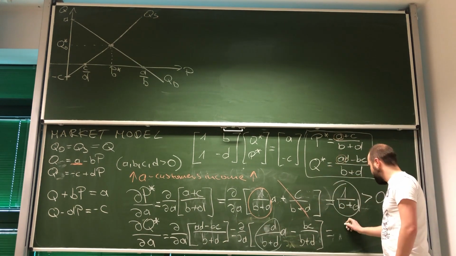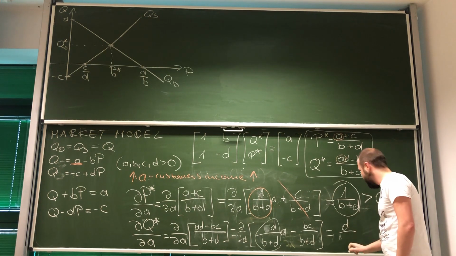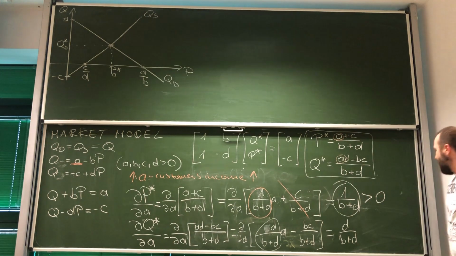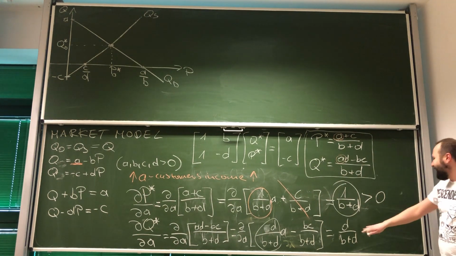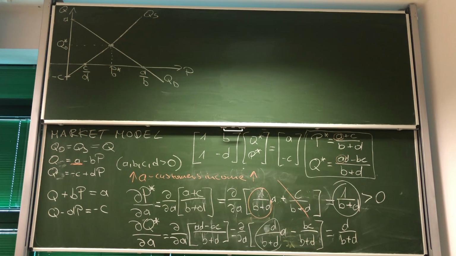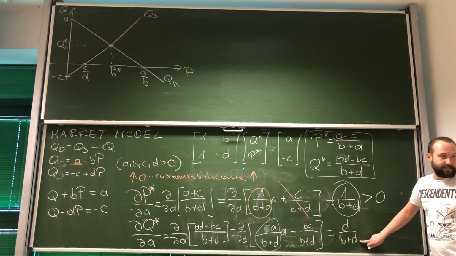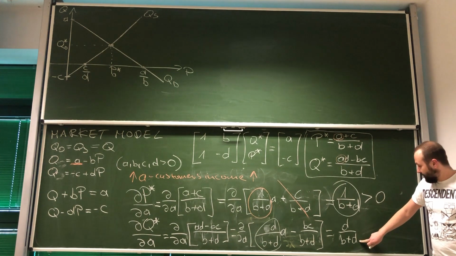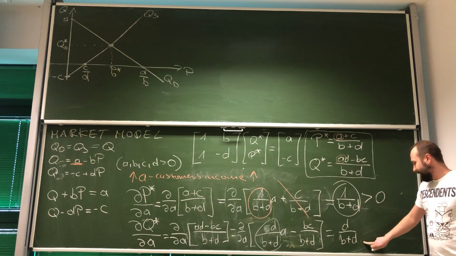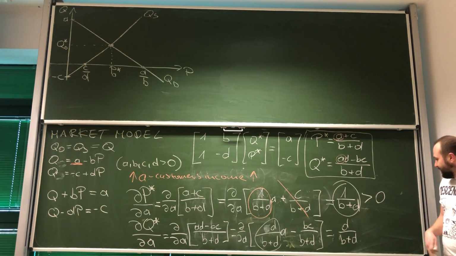So if I differentiate with respect to A, I'm getting d over b plus d. How much is it? Well, I can definitely tell you that this is something between 0 and 1. Why? Well, we've got d divided by b plus d, where all of them are positive numbers.